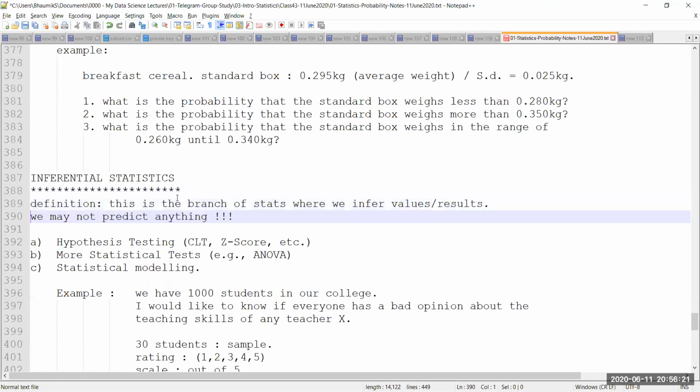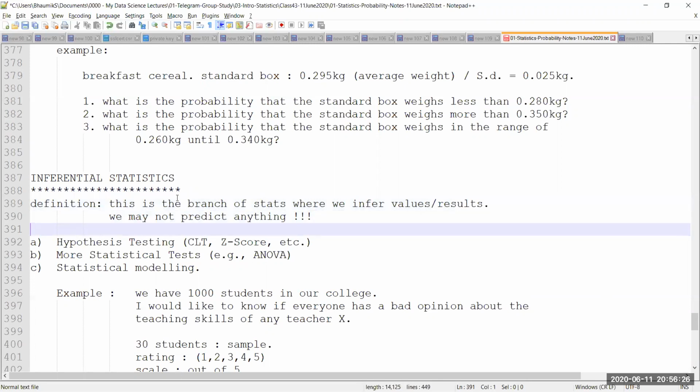This is a very, very important thing. Please remember this when you are doing any form of data science. The definition of inferential statistics is simply a branch of stats where we are trying to infer some value or some result. In my example, we are trying to infer some result. We are not going to give a number to the teacher that this teacher is worse by this number or by this value. I'm simply saying that the teacher is bad. So I'm trying to infer a result, right?